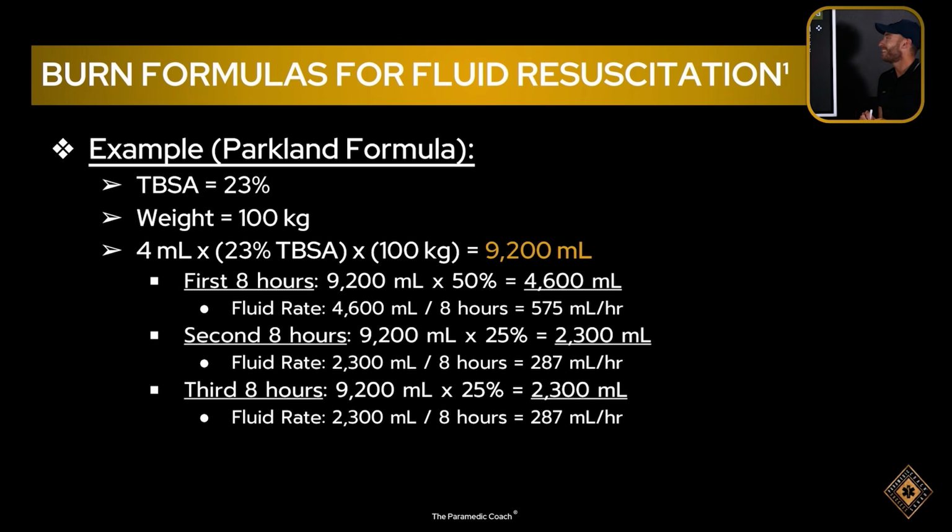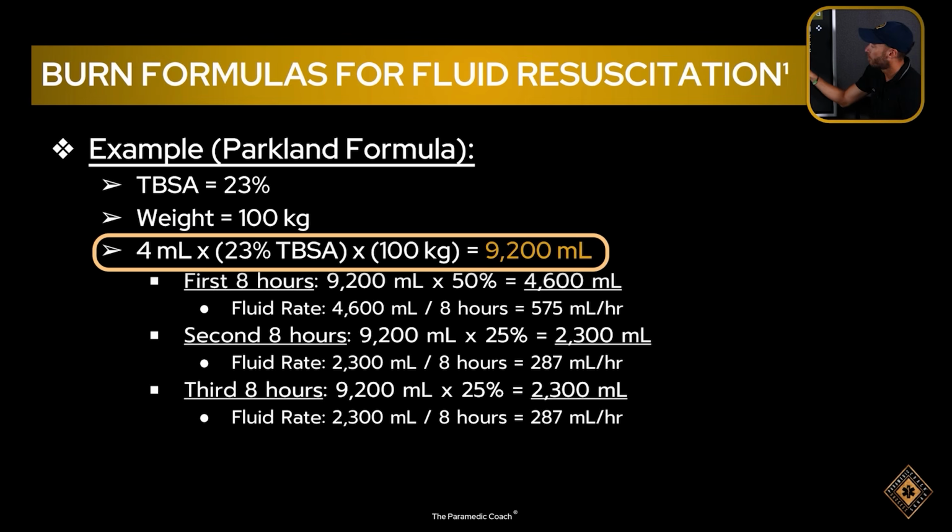Now, I have an example for you, folks. Come on, you know I got you. Okay, so here's our example Parkland formula. Here's our total body surface area at 23%. The weight is 100 kilos. We do 4 times 23 times 100. We get 9,200 mLs.